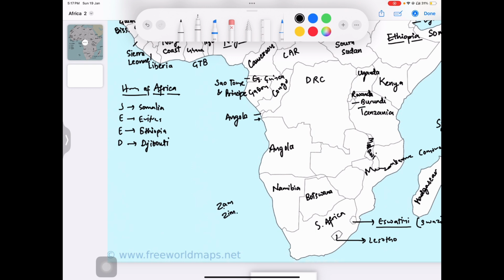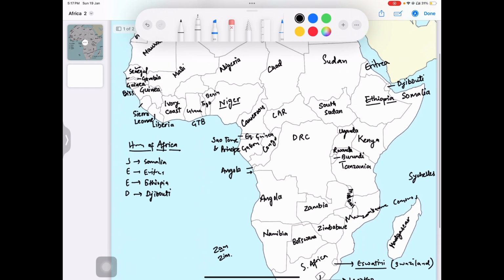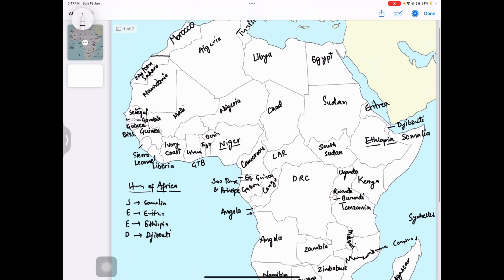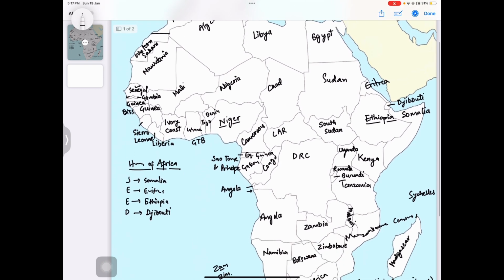After Z we have A. So A will come to the north. Zambia and Zimbabwe is here. I remember its capital is Harare. I don't know where it came from, but yeah. So I think that's all about the map of Africa. I think we've covered all the African countries. I hope there is no one left. Okay, so yeah, that's all about it.